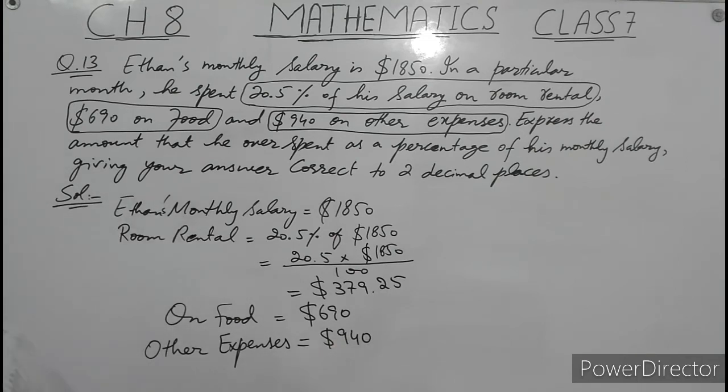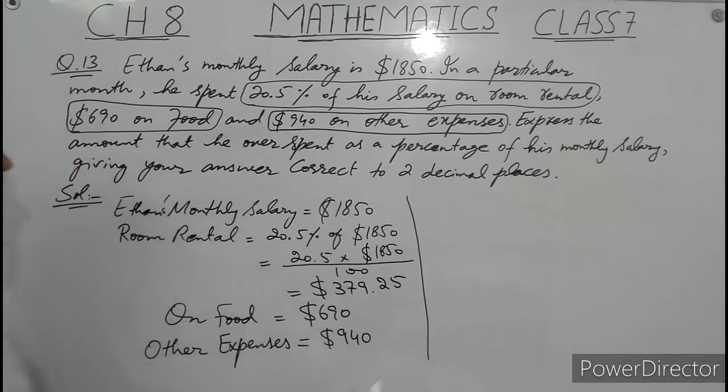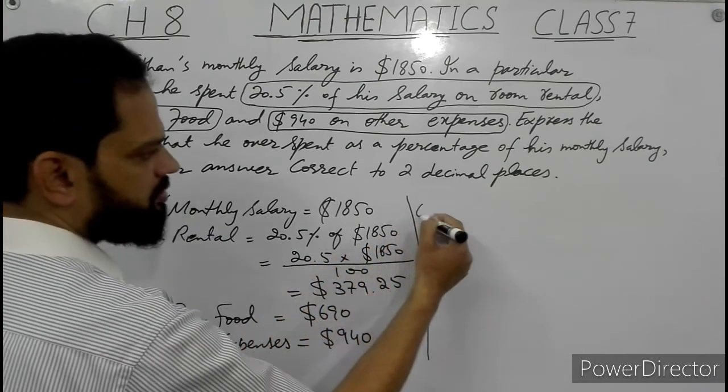And what do we have to find? Express the amount that he overspent. So firstly I find the overspent amount.